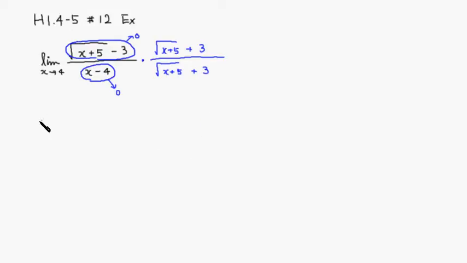Then you're going to get, so this is going to be limit as x approaches 4. Then remember this, if you multiply a minus b times quantity a plus b, you will get a squared minus b squared.